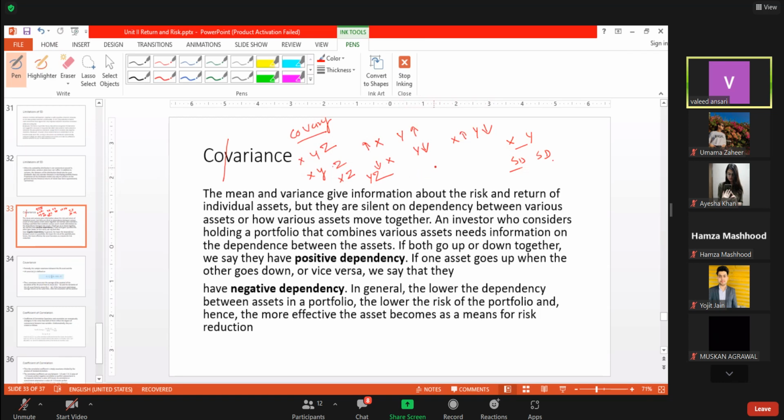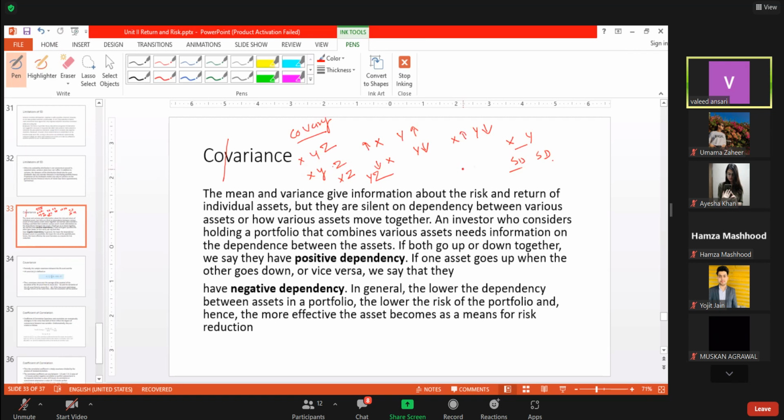So that is why, in developing a formula for the portfolio risk, apart from the individual risk we also have to look at the covariances. Covariance provides us information about how much risk reduction is possible if we combine securities together, in a portfolio of 2, 10, whatever number.